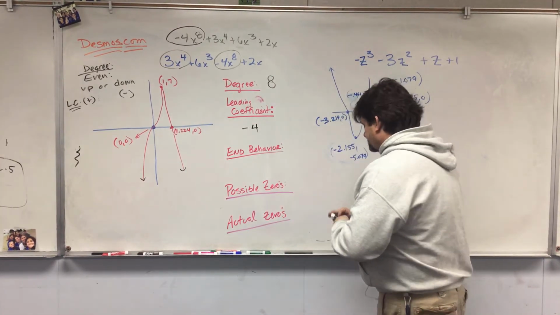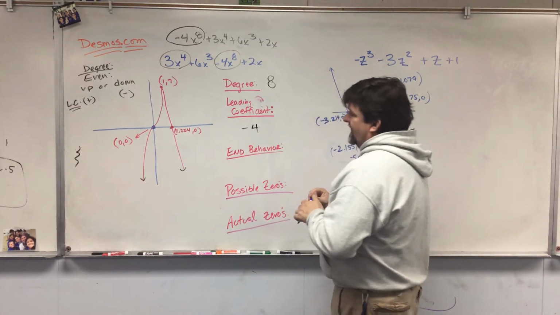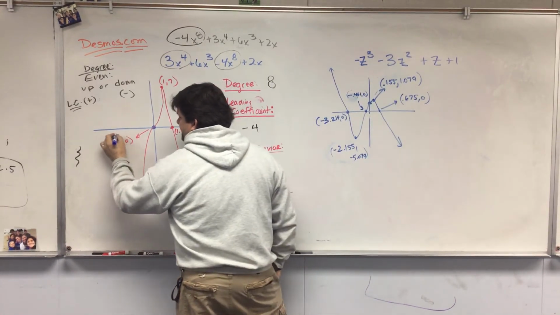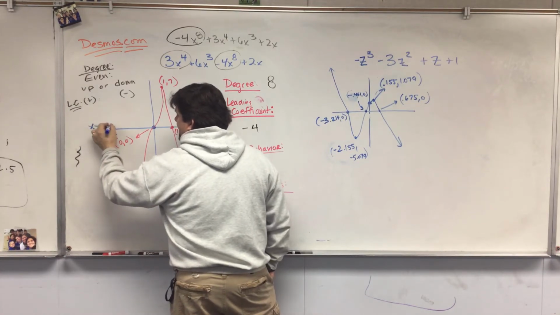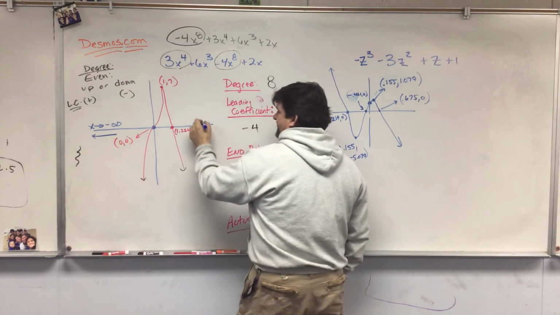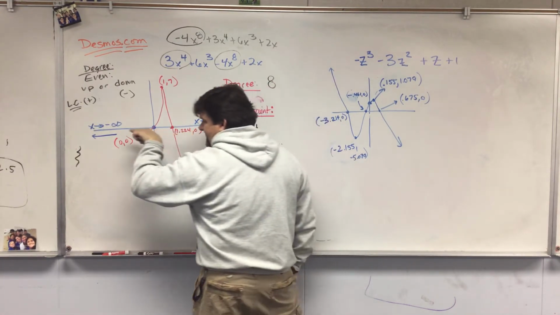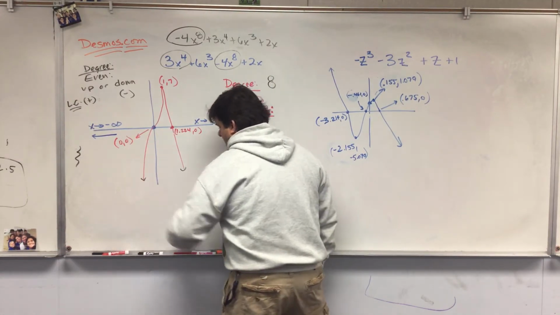So that brings us to end behavior. End behavior talks about what happens as x approaches negative infinity and what happens as x approaches positive infinity. In other words, if this graph keeps going that way, what happens to the graph on the y-axis?